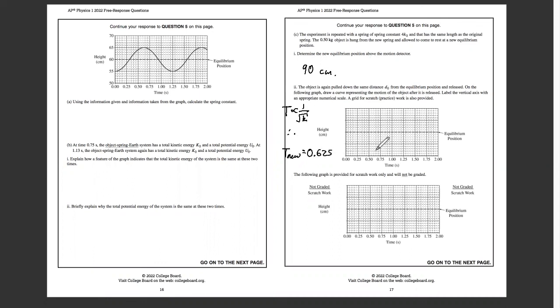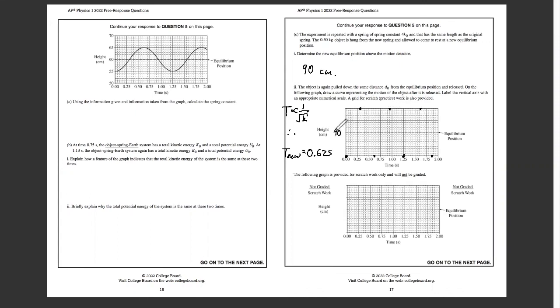So it's 0.625 seconds. If I start right here, then what I would expect to see is that it repeats. It goes up to the top around right here, repeats at 1.25 and approximately 1.875. So I would expect to see something like this.